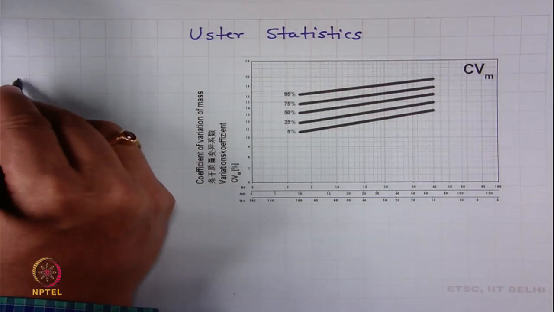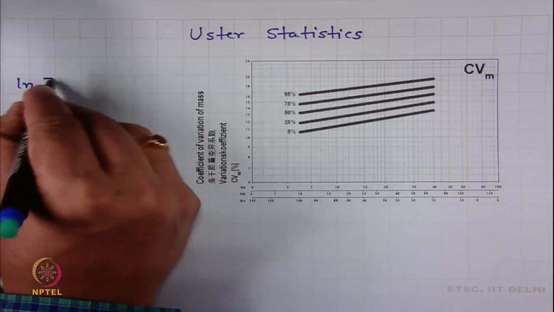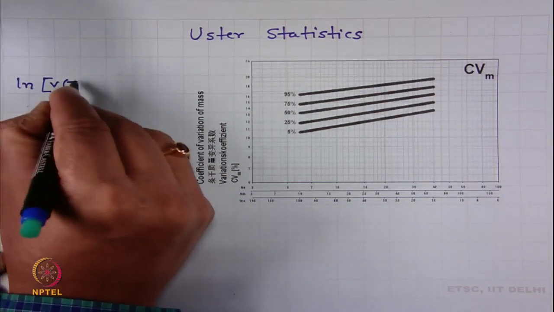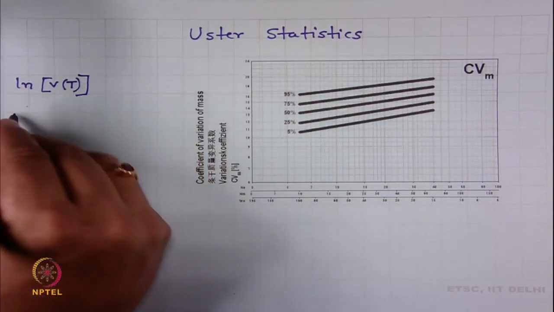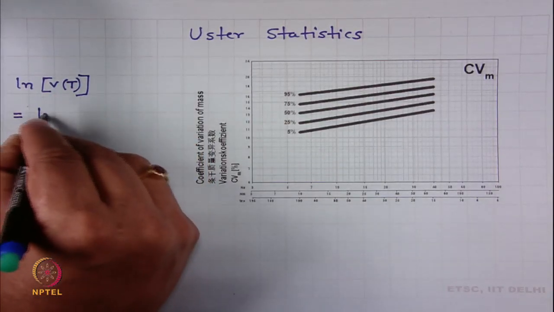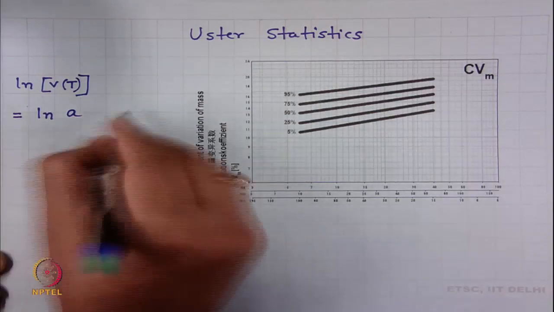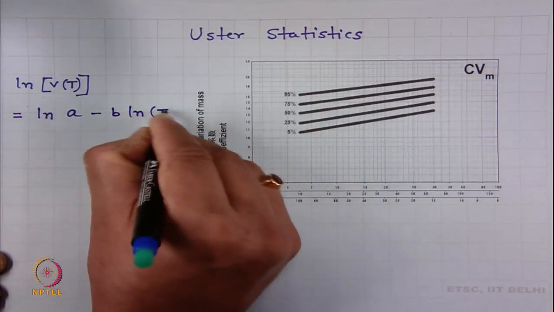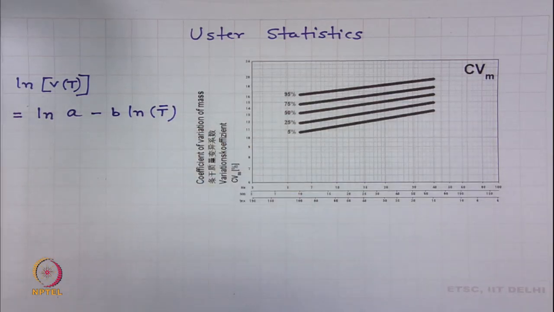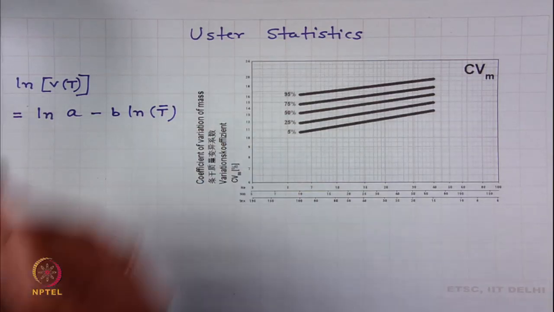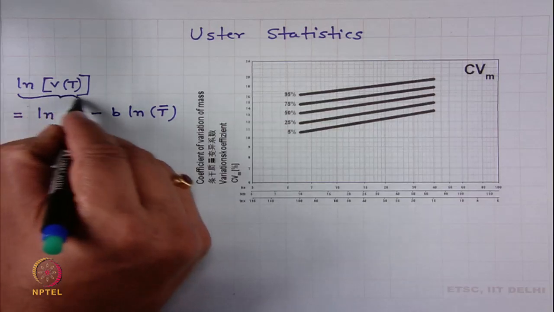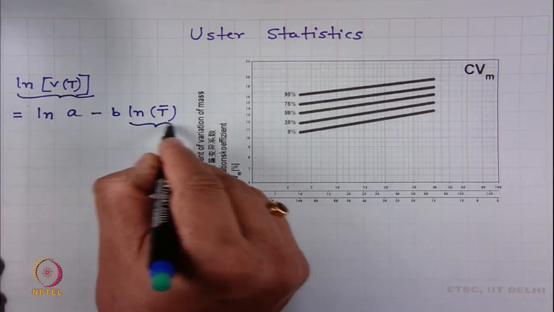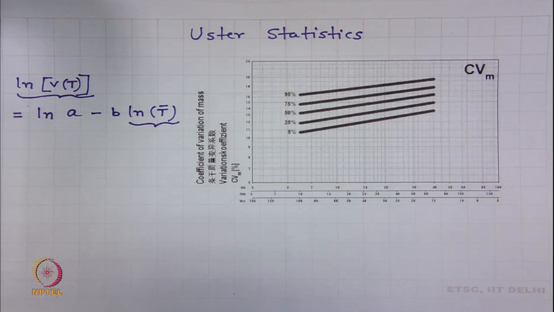So, V t is equal to A minus B ln t bar. This is y, this is x, we obtain a linear curve.